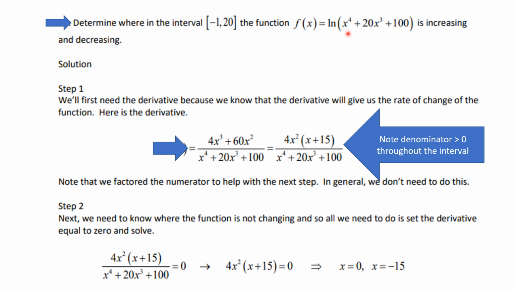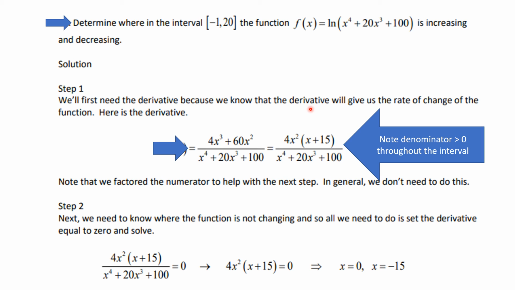That's going to be 4x cubed plus 60x squared. Since I am going to be trying to figure out a rate of change here, I am going to factor this. I notice there's a common factor in the numerator of 4x squared, and so this is 4x squared times the whole of x plus 15. So we did take the derivative, and now we're going to study what's happening with this.